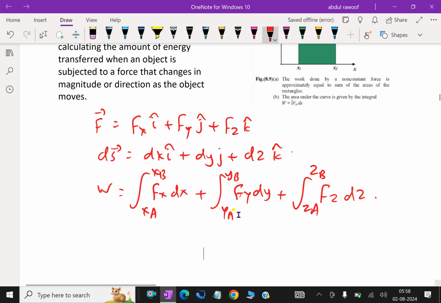That is, it is a combination of these three factors.